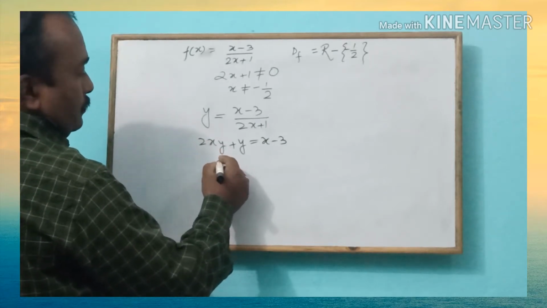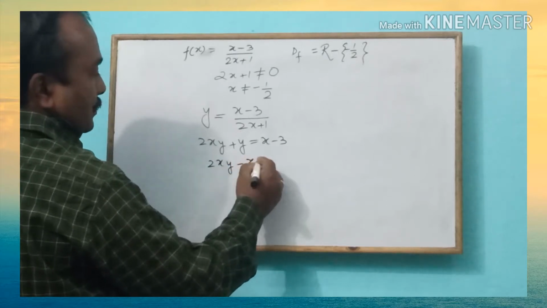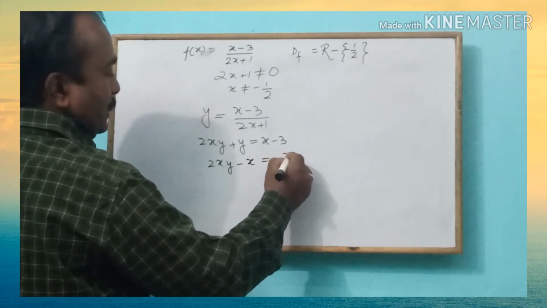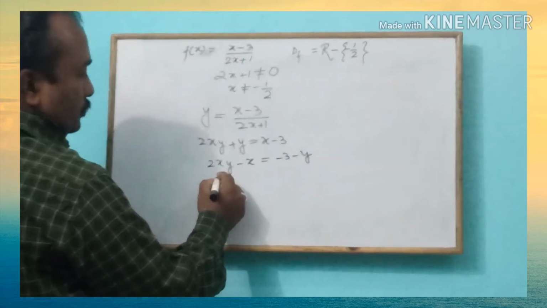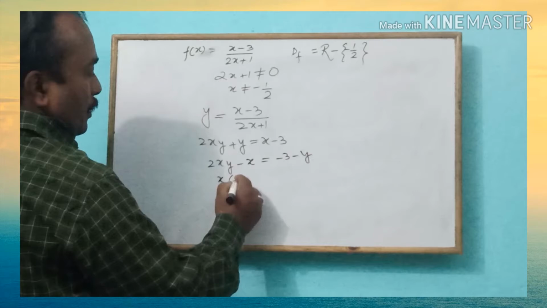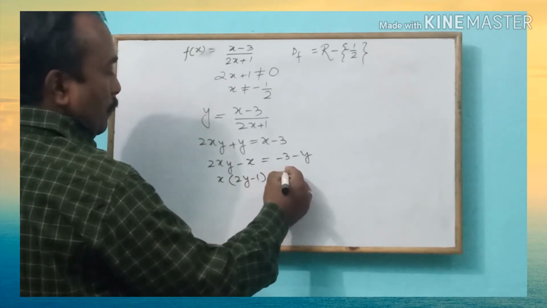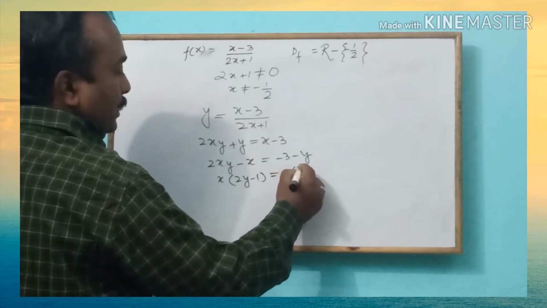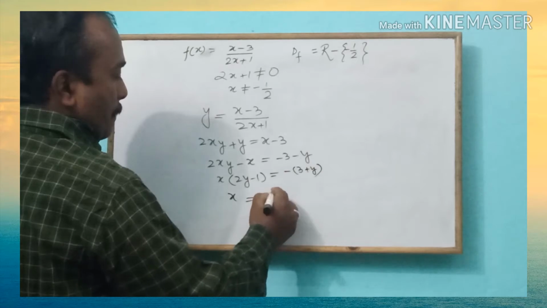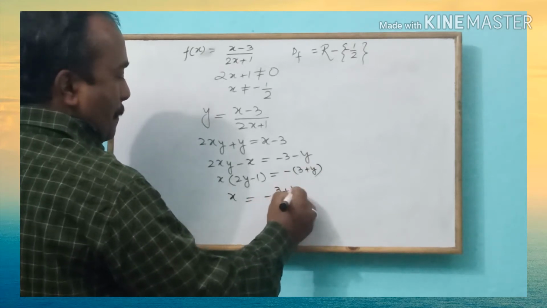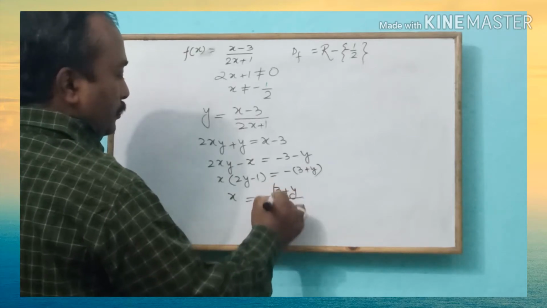So 2xy - x = -3 - y, or x(2y - 1) = -3 + y, or x = (y - 3)/(2y - 1).